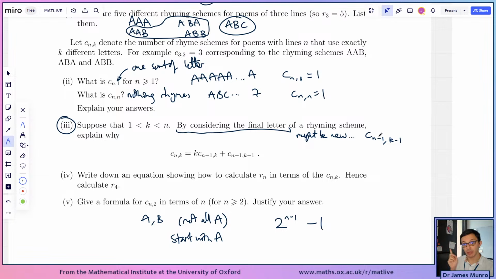So for each poem that was n-1 lines and used k-1 letters, we can turn that into a slightly longer poem with a surprise ending that doesn't rhyme with anything. I guess this is a rule of poetry. You can take any poem and throw on the line orange at the end, and that doesn't rhyme with anything in the poem. So you'll get a rhyme scheme that goes whatever Shakespeare was doing, followed by a new thing that doesn't rhyme with anything. Little sort of poetry hack for you there.